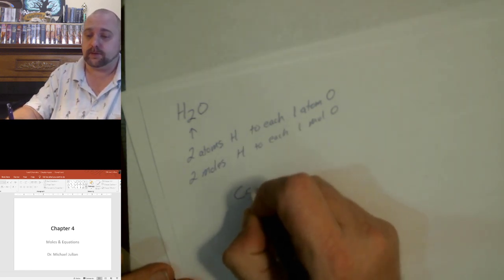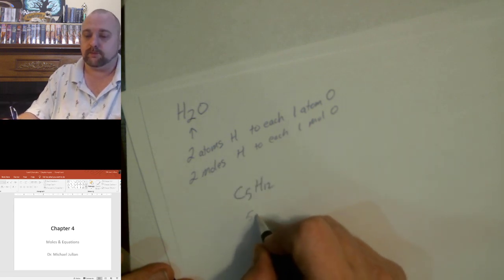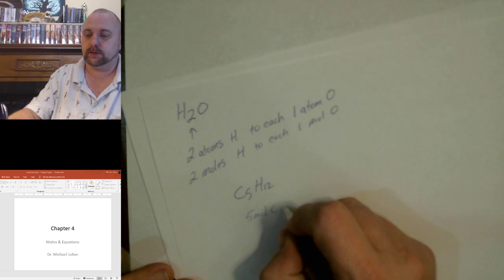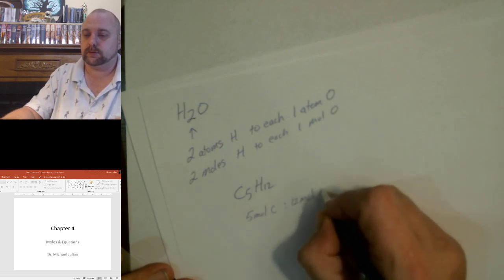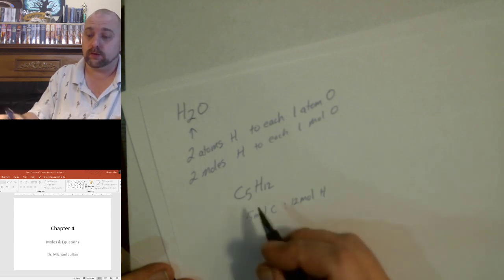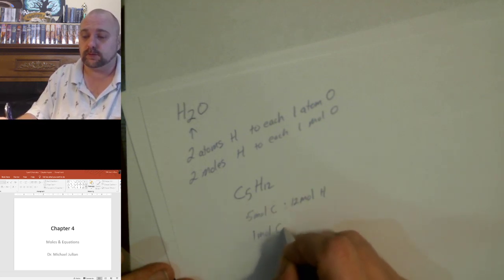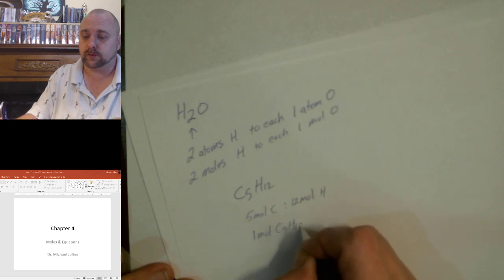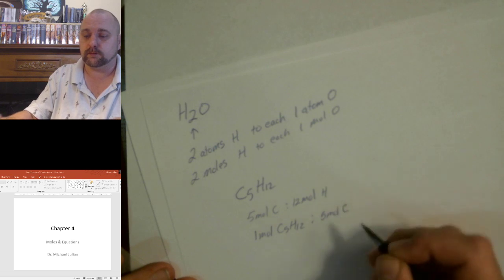So if I have C5H12, then I have 5 moles of carbon to 12 moles of hydrogen. Or I could also say for each 1 mole of C5H12, I have 5 moles of carbon.